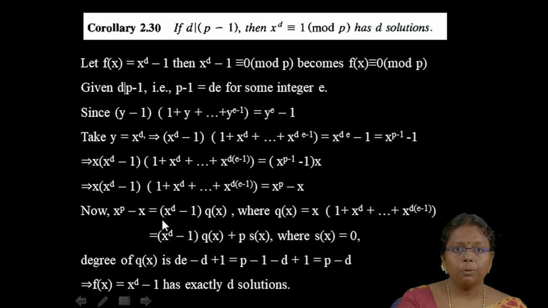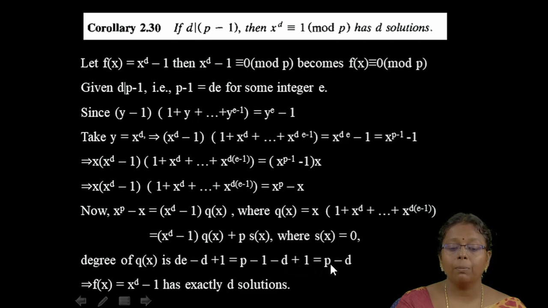So now x^p − x is nothing but (x^d − 1)·q(x), where we are considering the remaining terms as q(x). So we are getting this as (x^d − 1)·q(x) + p·s(x), where here s(x) = 0. Therefore, the degree of q(x) is de − d + 1, so de is p − 1, minus d plus 1.